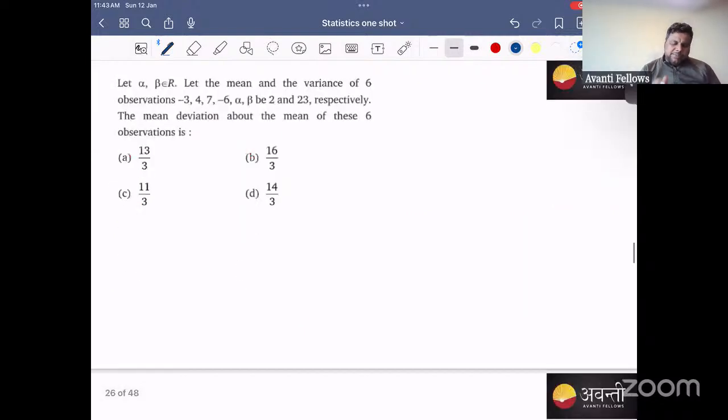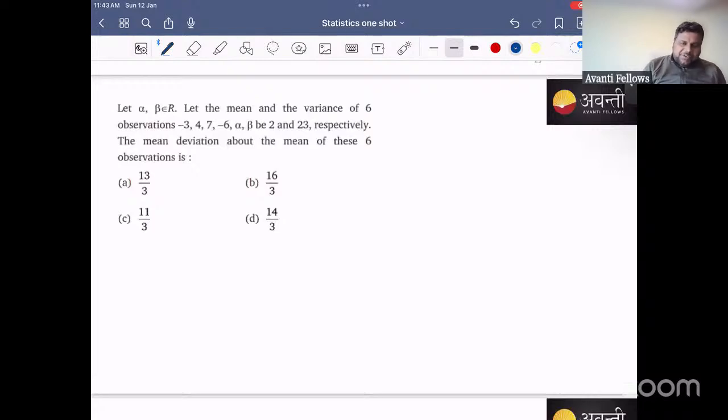Now see, there is a simple question. Let alpha, beta belong to R. Let the mean and variance of 6 observations minus 3, 4, 7, minus 6, alpha, beta be 2 and 23 respectively. The mean deviation about the mean of these 6 observations is. Got it? So first of all, their mean is what?